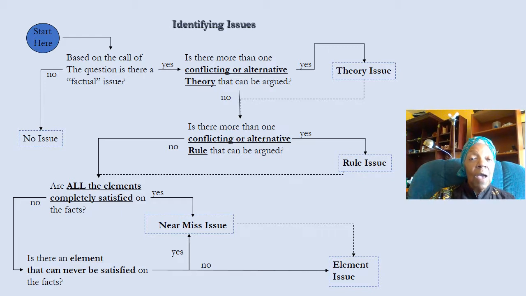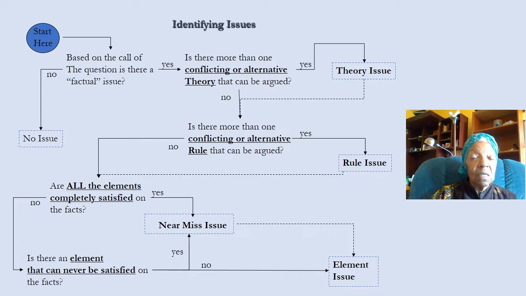So then you have what are really near miss issues, and we discussed those previously. On the baby bar, you will discuss near miss issues, but you're not going to discuss them in the same way you would discuss elements that are at issue.